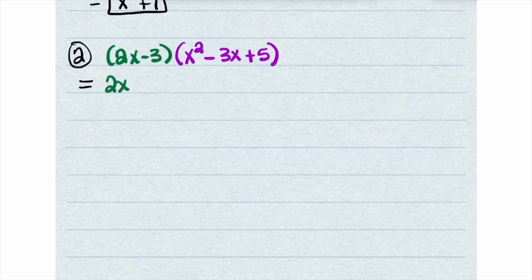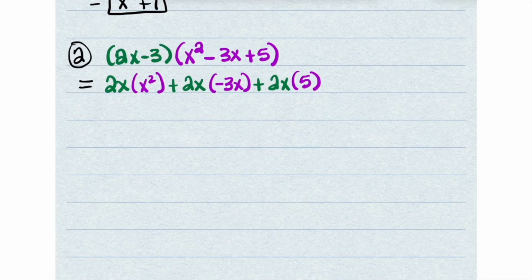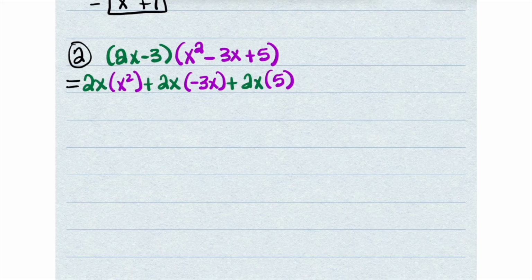So that's going to be 2x times x squared plus 2x times a minus 3x. Y'all see I wasn't gonna forget that sign, huh? Plus 2x times 5. See, I carried the minus with the minus this time, right? And then let's add that to the 3 times everything. Okay, so plus, and then we're going to have a negative 3, because I got to carry that, right?